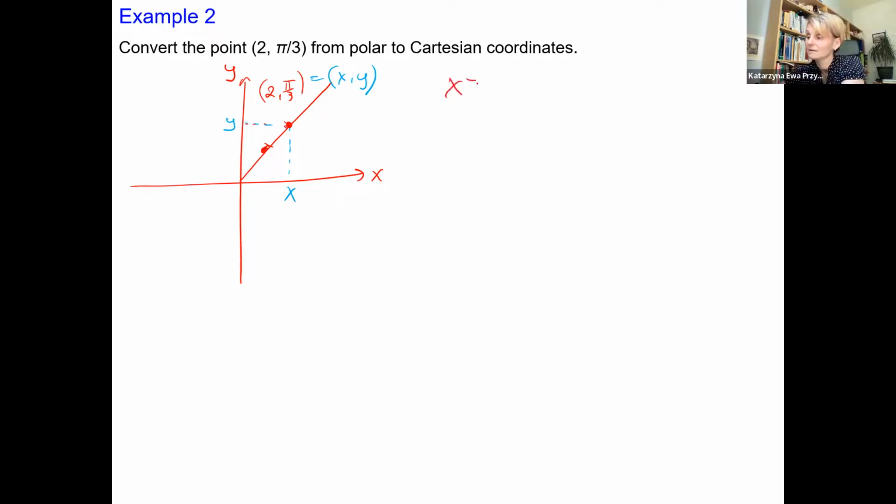Okay, how can we compute x? Who remembers the formula? We have to know them, or you have to have them on your notes. That's always okay. We can put r cosine theta, 2 times cosine pi over 3.